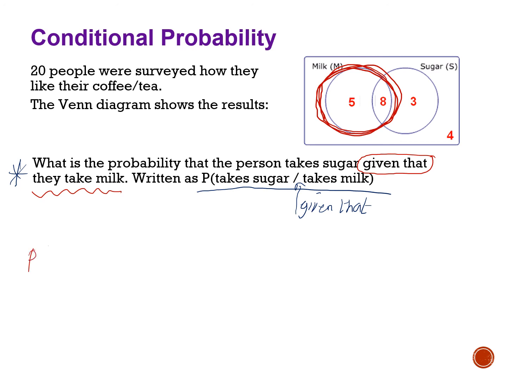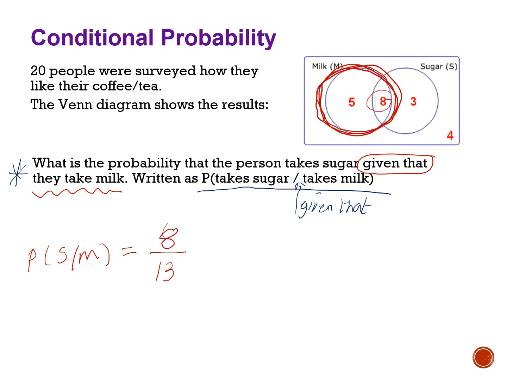So the probability that they take sugar given that they take milk, I'm only looking at the people in the milk circle. So it's out of the 13 that are in the milk circle. Out of those 13, how many take sugar? It's going to be these ones in the middle here. So the answer for that would be 8 out of 13.